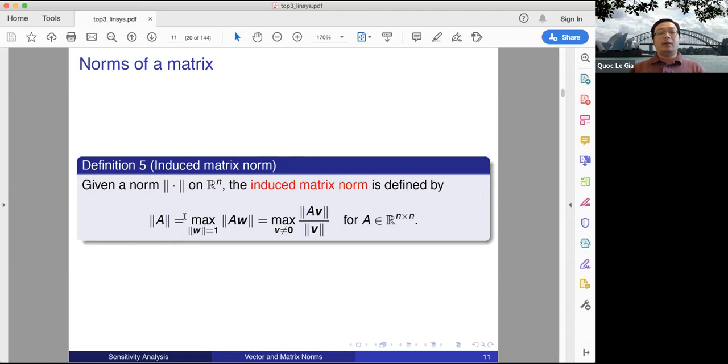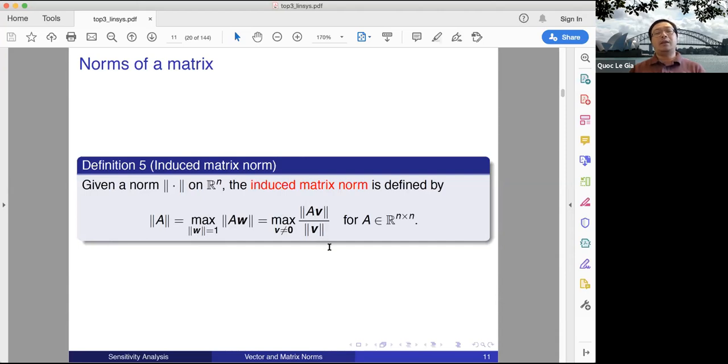The formula says that the norm of the matrix A is, you take the matrix A, you multiply with the vector W, and remember the vector W is on the unit circle, so the norm equals 1, and you take the maximal radius, okay? Equivalently, you take the ratio of the norm of AV, for any vector V, divided by the norm of vector V.